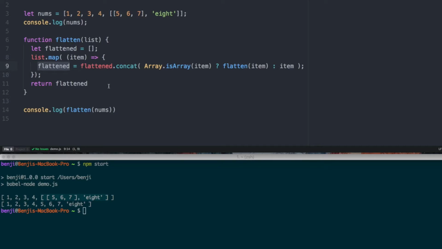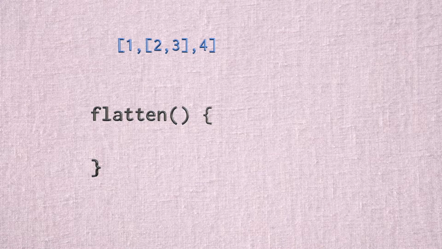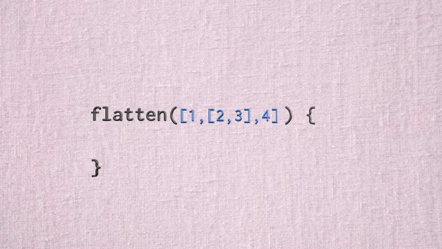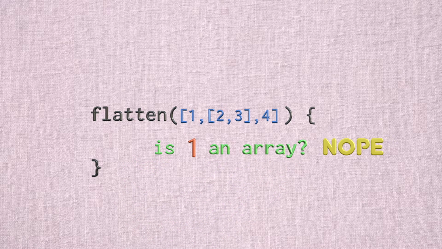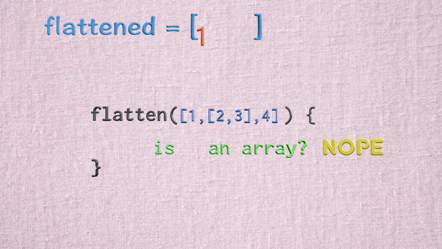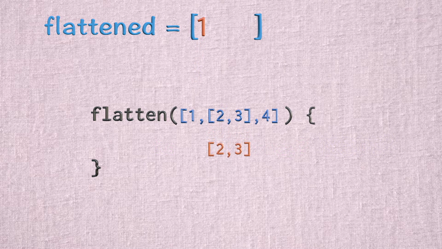So let's go through this one point at a time. We've got our flatten function. We're going to put an array as an argument into that function. Our function is going to evaluate each item and check, is this item an array? Well, this one is not an array, so that is going to get returned, and actually it's going to get concatenated into our flattened array in which we're caching this.